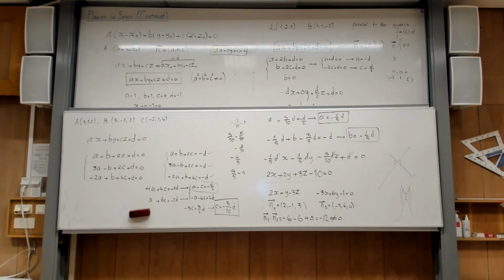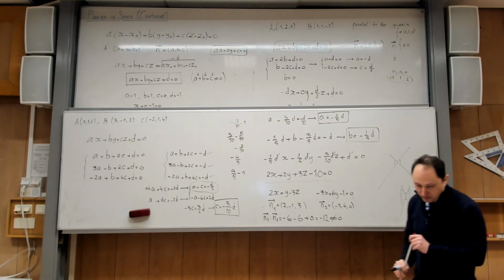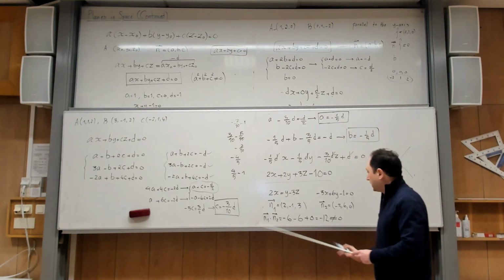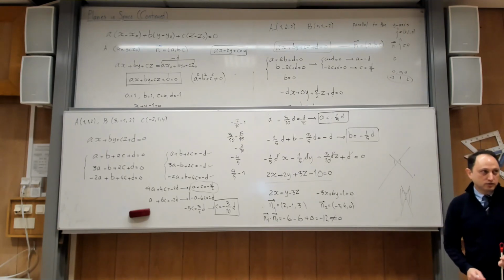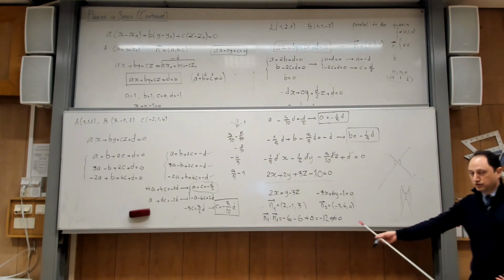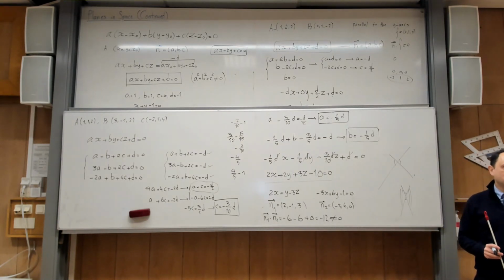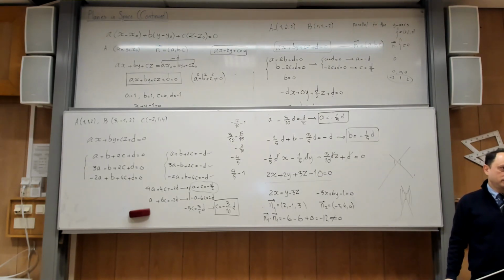Now my question is, let us just do it here. These two planes are not perpendicular, so the angle between them is not 90 according to this calculation. Then the question is, what is the angle between these two planes? Can you divide by the length of both normal vectors?